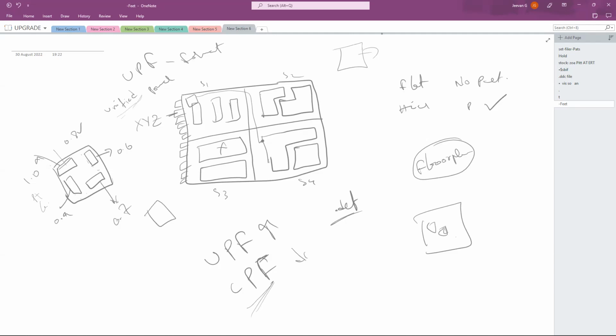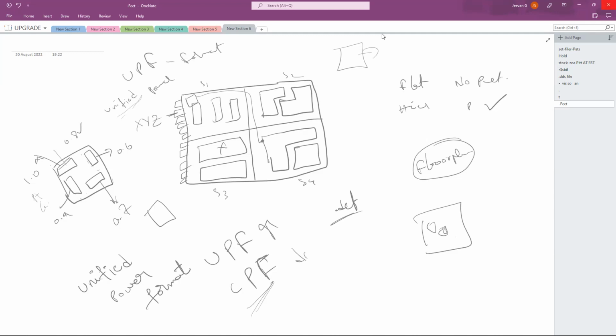Let me write it for you. Unified Power Format. This is the UPF, and it contains the information of these voltage areas, which voltage each voltage area is working at, what family of cells will live in this voltage area, and what the VDD power and VSS power are for that area.